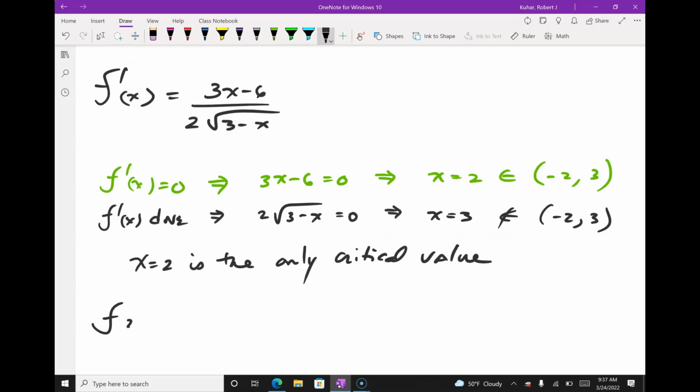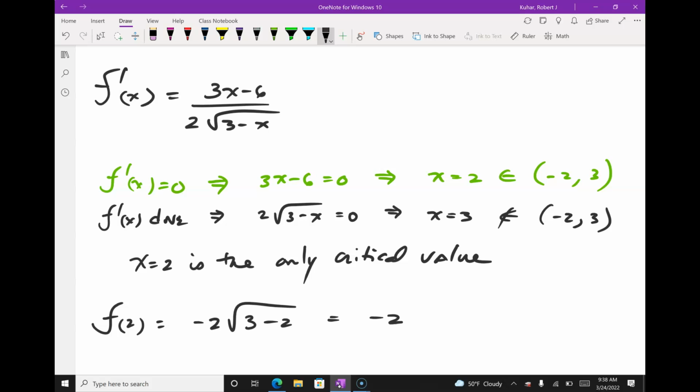So I need to find f of 2. That's pretty easy. Negative 2 times the square root of 3 minus 2 is negative 2. Sweet. And that's the low, that's the min. At this point, I want to go back to my graph, because I'm going to write a conclusion and I want to make sure I got it right.